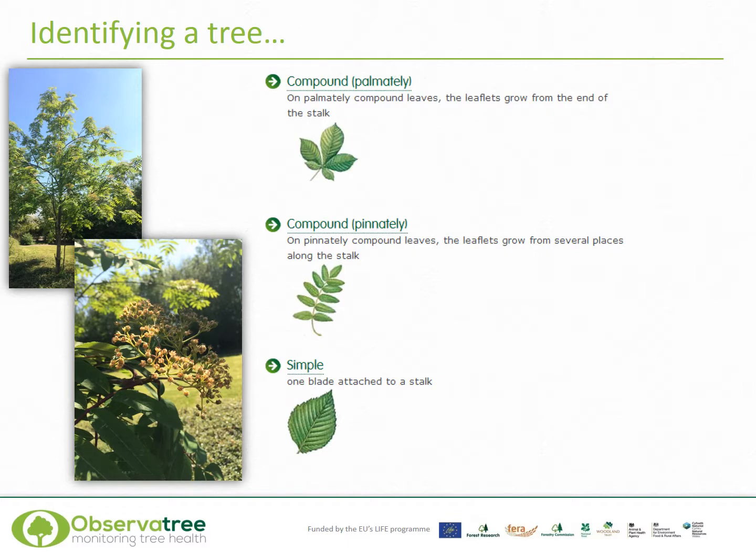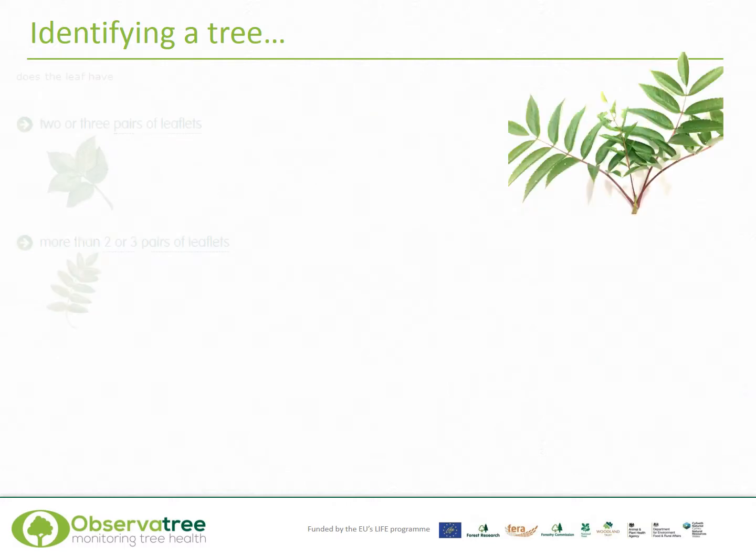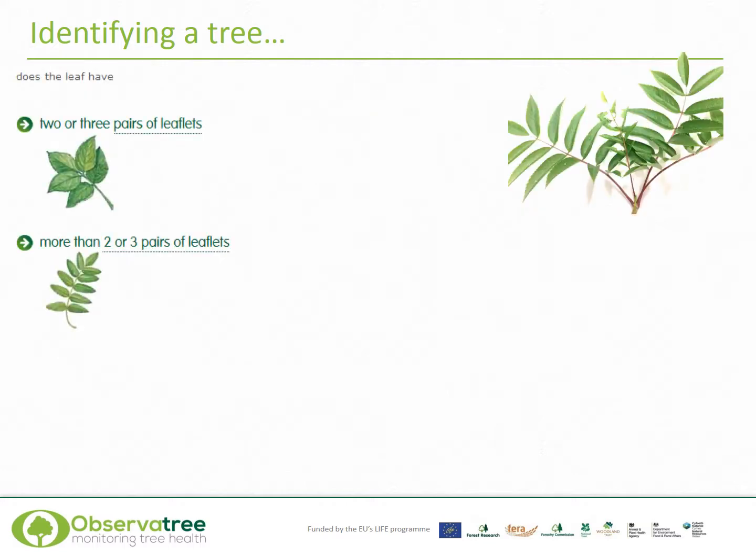This key first asks about the shape of the leaf or leaves. By looking at the leaves of this tree, we can see that they are compound or pinnate. This will take us on to the next question. Does the leaf have 2 or 3 pairs of leaflets, or more than 2 or 3 pairs of leaflets? Each answer in the key will lead to another set of questions.